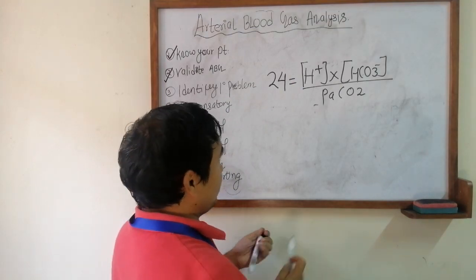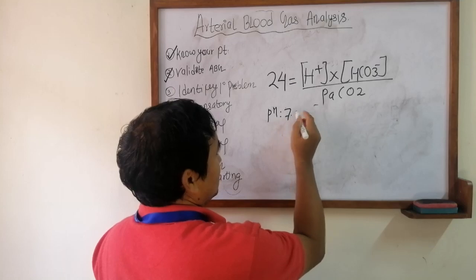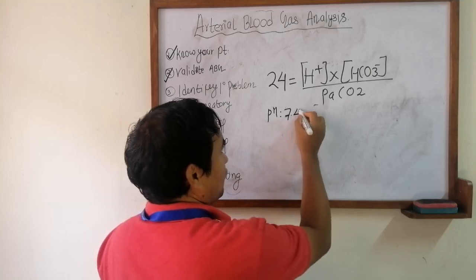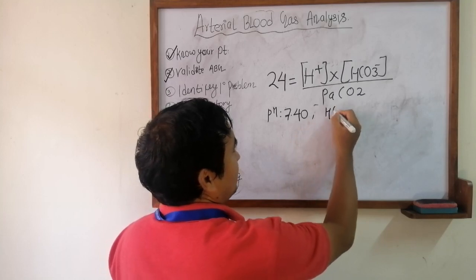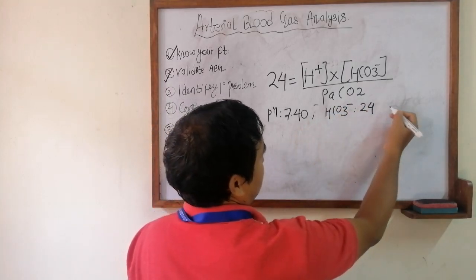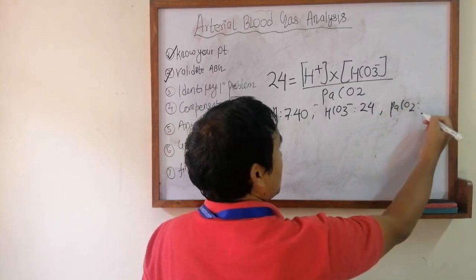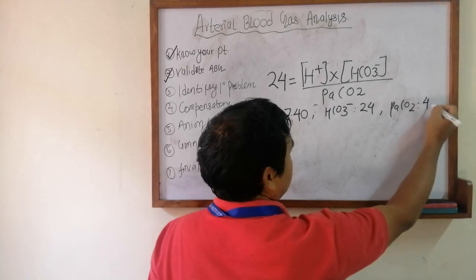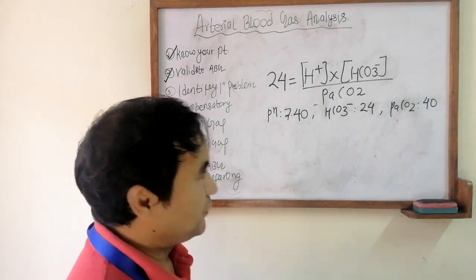Let us look at one example. If someone has a pH of 7.4, bicarbonate is 25 millimole, and PaCO2 is 40. It's not like we easily get this type of ABG in a normal individual.